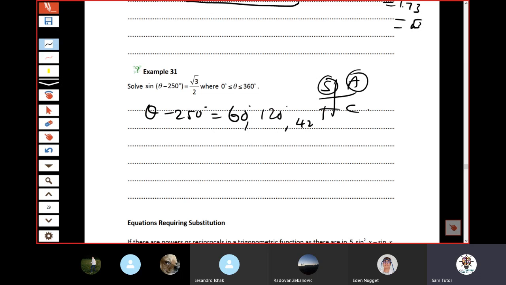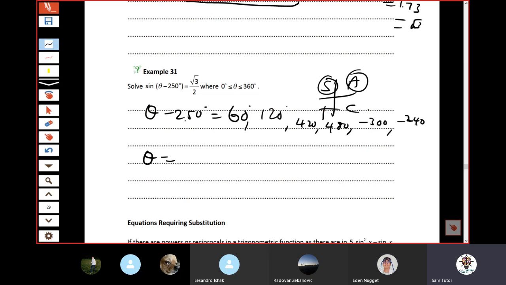So 60 plus 360 is 420 and 120 plus 360 is 480. Now I'm going to subtract 360 from these guys. So 60 take away 360 is negative 300. And 120 take away 360 is negative 240. Ooh, negative 240, that's a good one. All right, ready?